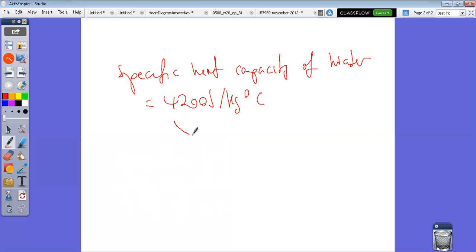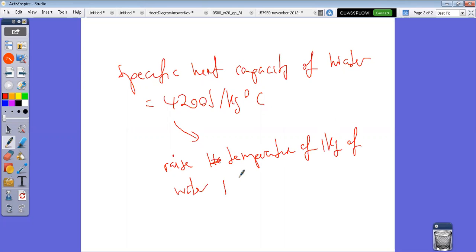So what it means is that, going back to the definition, to raise the temperature of 1 kg of water by just 1 degree Celsius, how much energy do I need? 4,200 joules. Clear? That's what I need to raise the temperature of water.